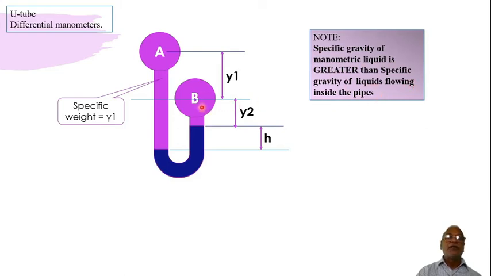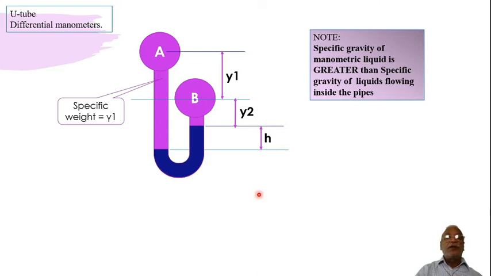Now pipe B is having some other liquid, pipe A is having some other liquid, and in between you have mercury. Now this liquid will not be able to go and get in touch with the liquid of A, and similarly liquid of A cannot get through because it is heavier. They will not be able to penetrate.